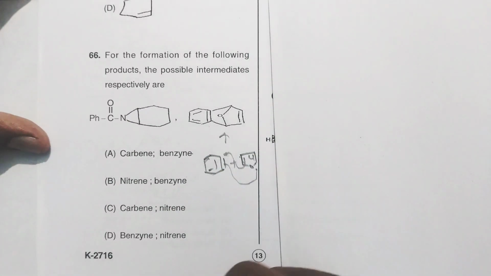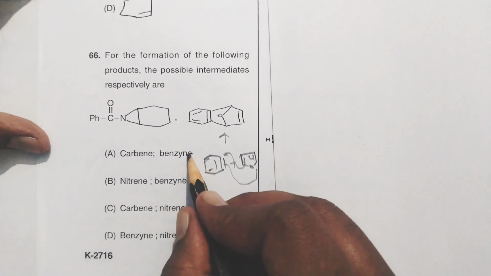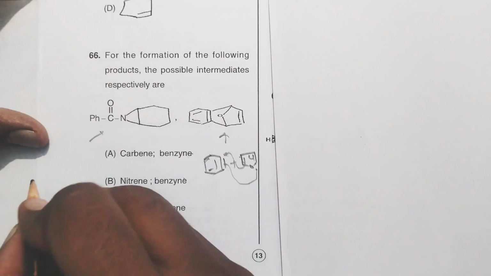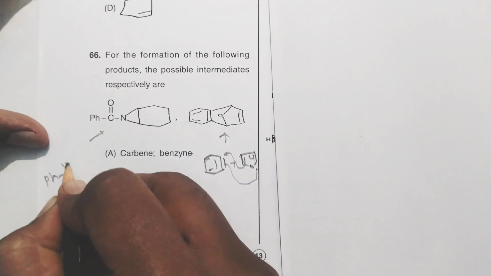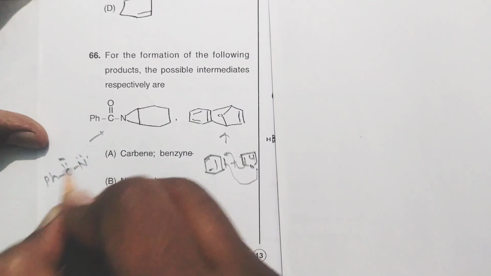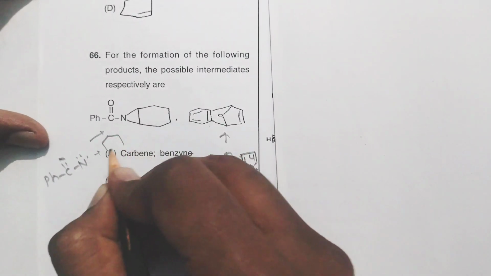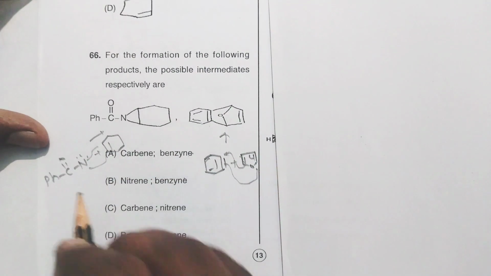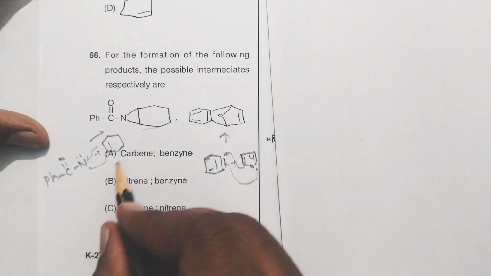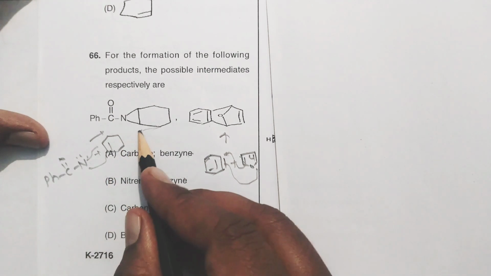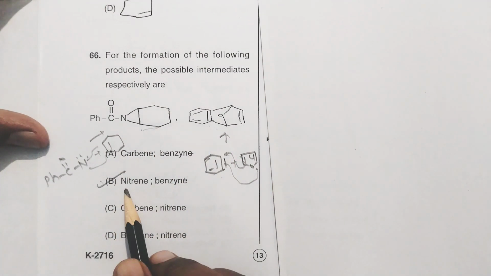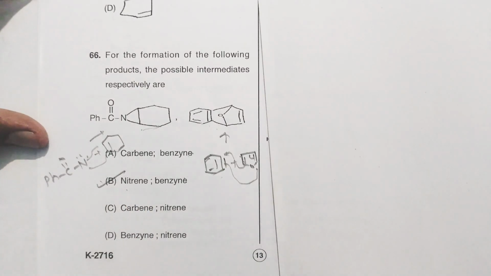You are going to get this product, hence benzyne. Options A and B have benzynes. For this, nitrene reacts with this olefin or alkene. Here the formation of this product takes place, hence A involves the formation of nitrene, and this involves the formation of benzyne. Hence option B, nitrene and benzyne, is correct.